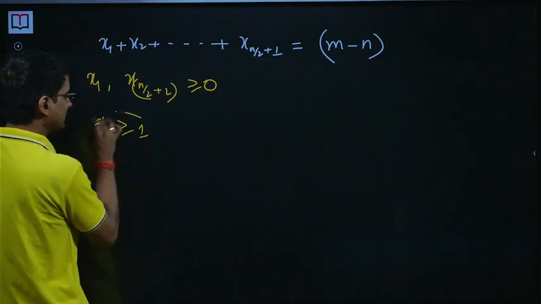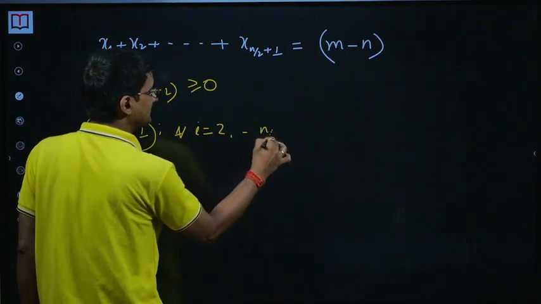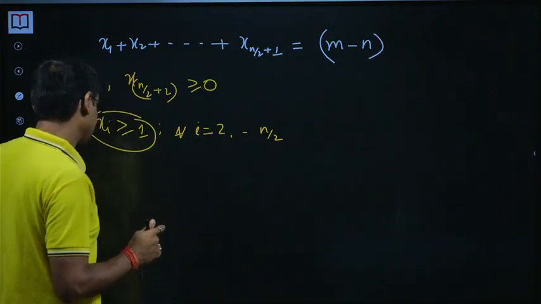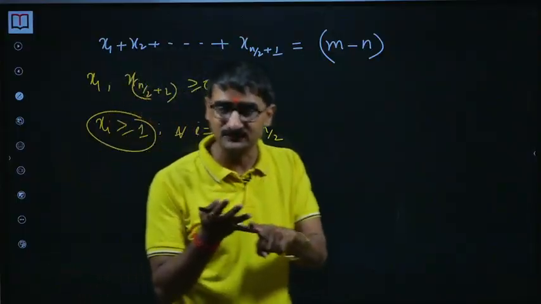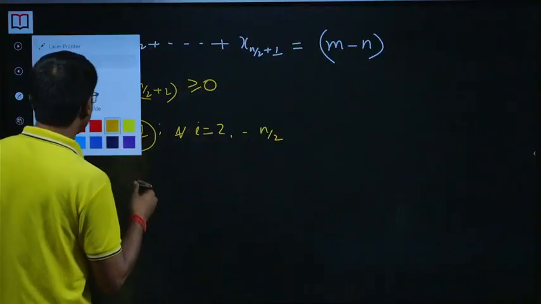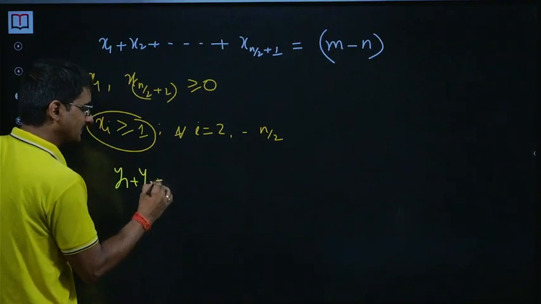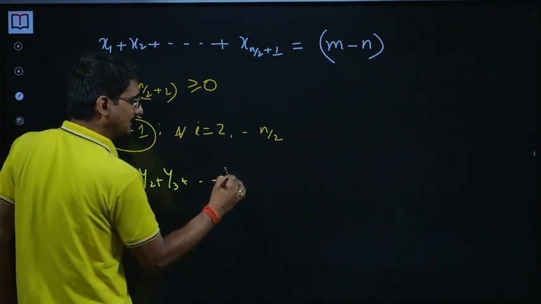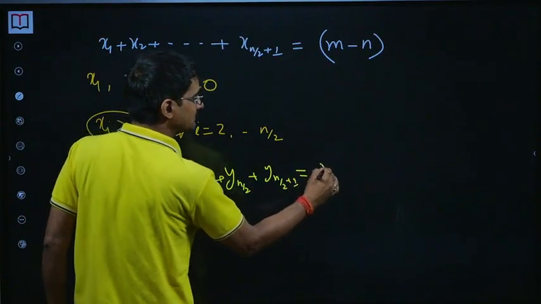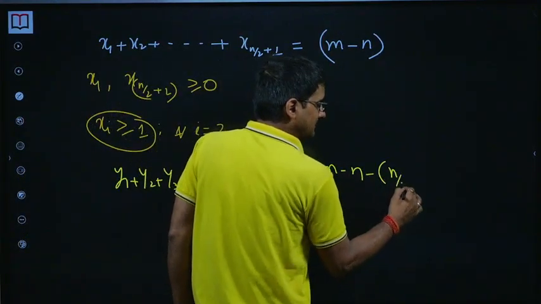So xi should be greater than or equal to 1 for all i starting from 2 till n by 2. Okay, so now that means x2, x3, x4 till xn by 2, they all start with 1. So for that I will introduce a new variable and I will say y1 plus y2 plus y3 and so on, till yn by 2 plus yn by 2 plus 1 should be equal to m minus n minus n by 2 minus 1.